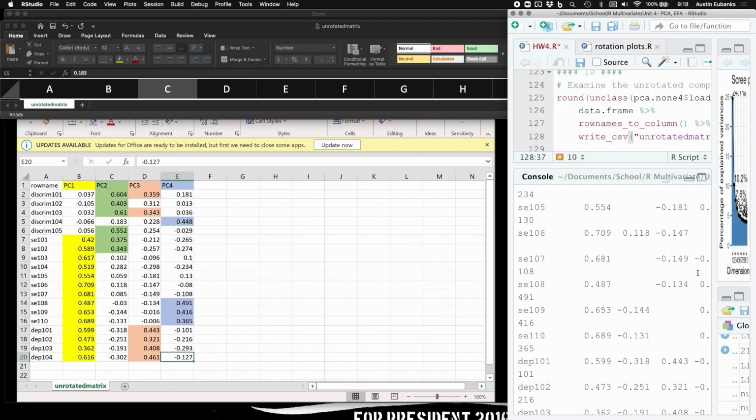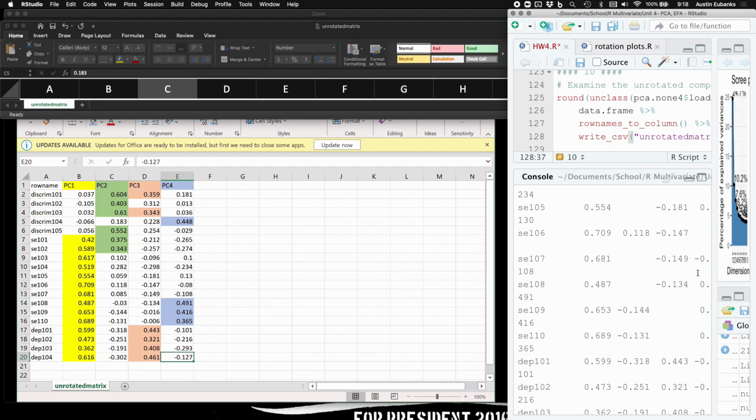How loose is the 0.3 versus 0.32 distinction? 0.32 is the more common thing you're going to see, because 0.32, if you square it, is 10% of the variance that that variable shares with that component. Right. So it's more conservative.